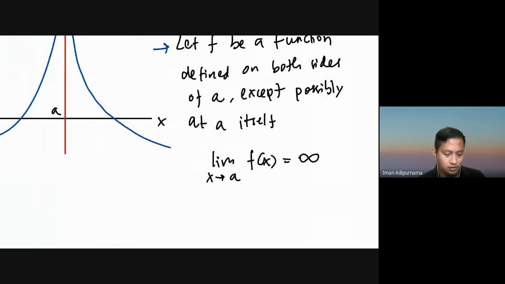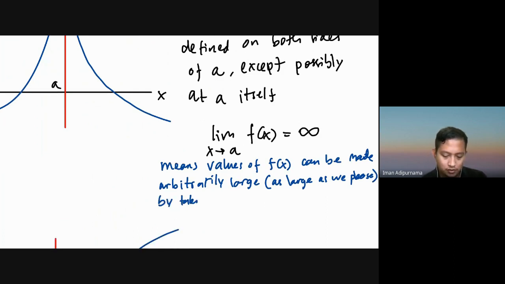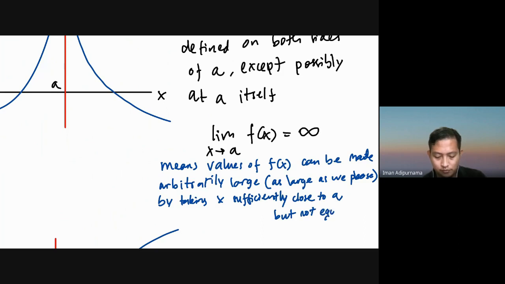So the limit becomes infinity, and this means values of the function can be made arbitrarily large as we please by taking x sufficiently close to a but not equal to a.